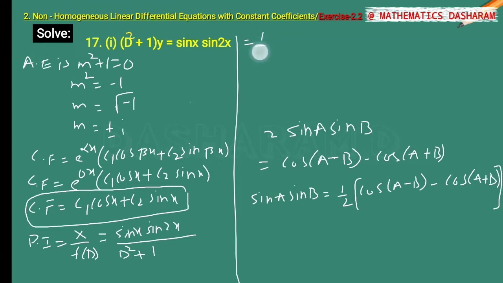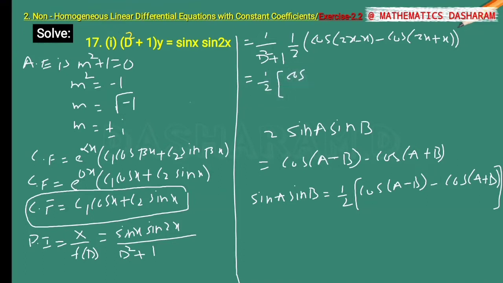So then here 1/2, 1/(D² + 1), 1/2 into cos(A - B), that is 2x - x, minus cos(A + B), 2x + x. So it is equal to 1/2 [cos(2x - x) is x by D² + 1 minus cos(2x + x) is 3x by D² + 1].